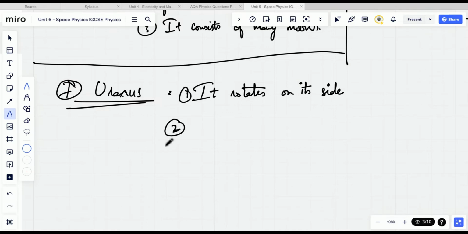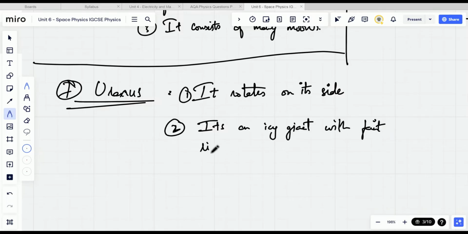And what else? It's an icy giant with a faint ring system. And what else do we know? Yeah, its color. Do you know the color of Uranus? It's blue green color.